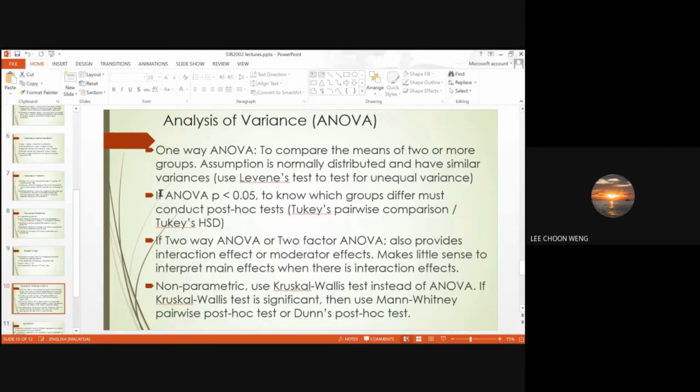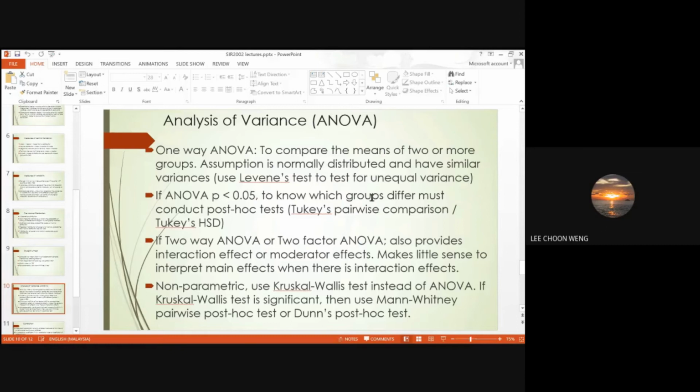So if your ANOVA gives you a p less than 0.05, that means among the groups that you are testing, there is significant difference. However, it doesn't tell you which group is significantly different.